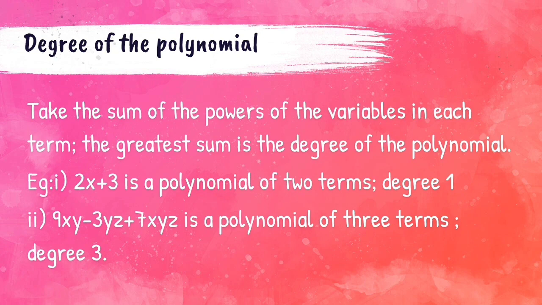In the first term, the sum of the powers is 2. In the second term, the sum of the powers is 2. And in the third term, the sum of the powers is 3. As 3 is the highest of all, this is a polynomial of 3 terms having degree 3.